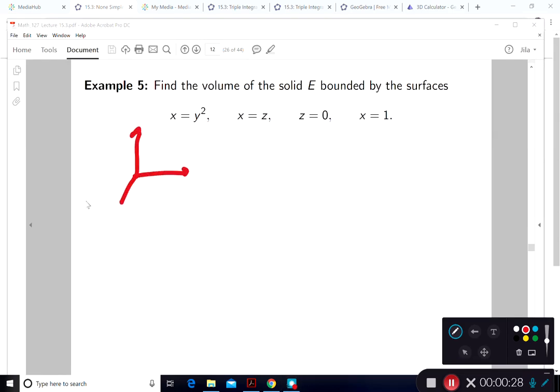If I look at x and y, the relationship between the two is a little bit going this way, a little bit going that way, x equal to y squared. It's a parabola that opens up toward the x-axis.